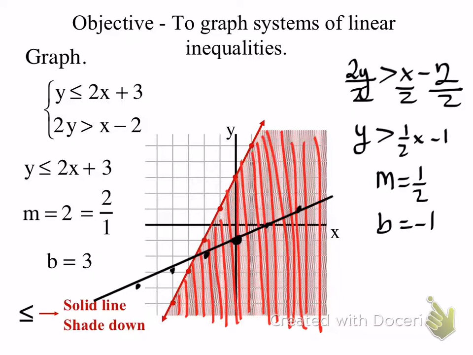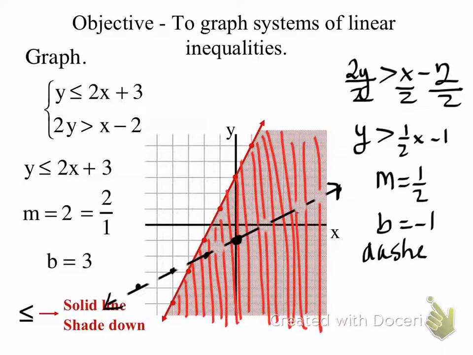Now, is this line going to be solid or dashed? I just heard somebody say dashed. So I just kind of come over here and erase my way. Okay. Now, so it's dashed.